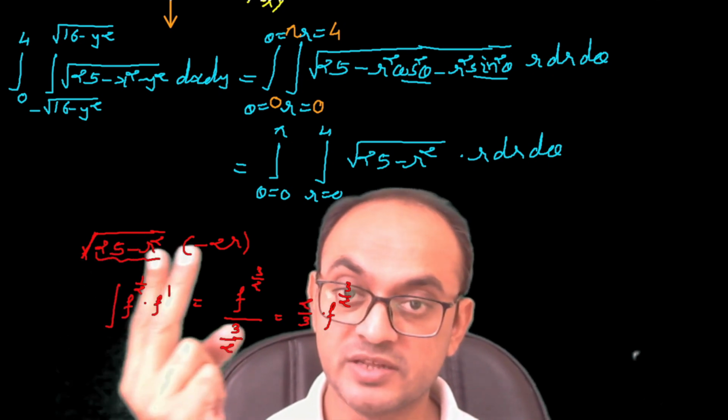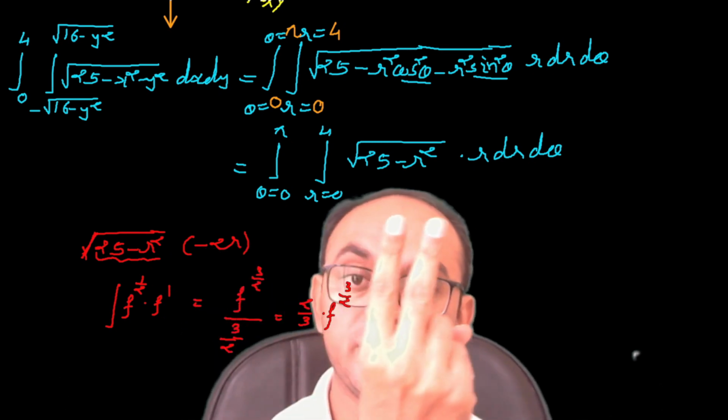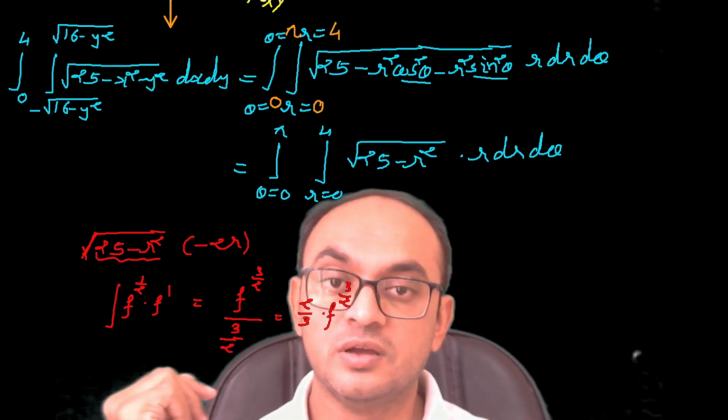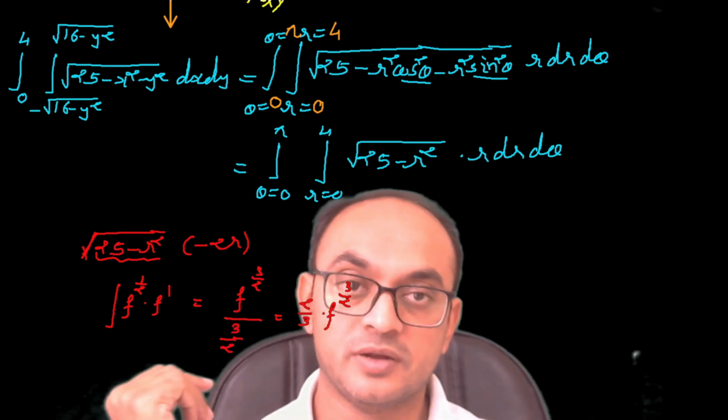So 25 minus r square and its derivative is minus 2r. Here we have 25 minus r square into only r. So first we convert into the desired quantity and then we apply this formula.